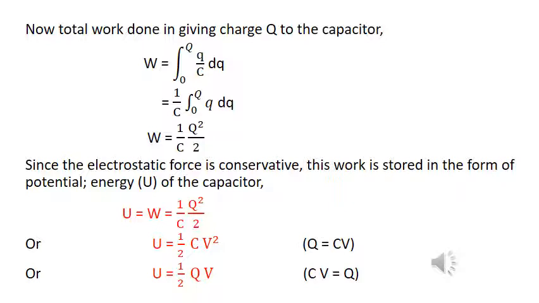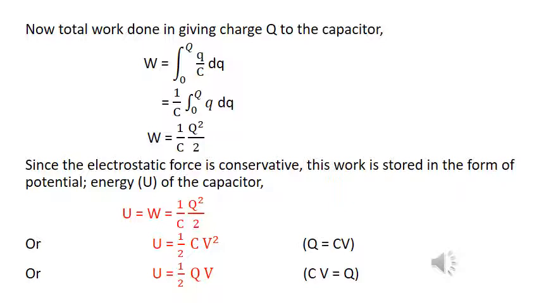Since the electrostatic force is conservative, this work is stored in the form of potential energy U of the capacitor. So we can write U is equal to W, which is again equal to 1 by C into Q square by 2, or half Q square by C. Here we can rearrange the equation by putting the value Q is equal to CV.